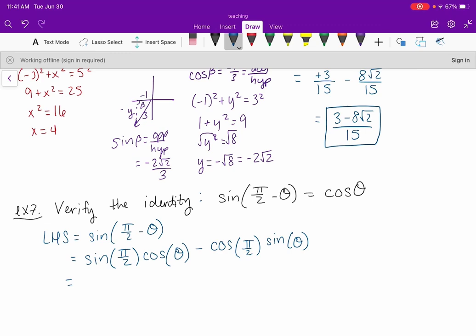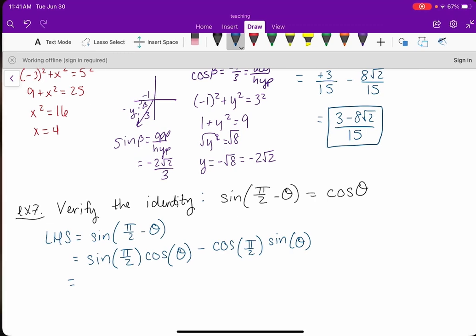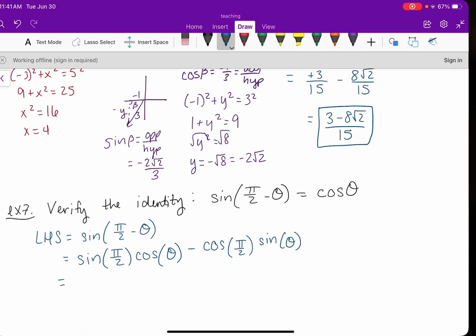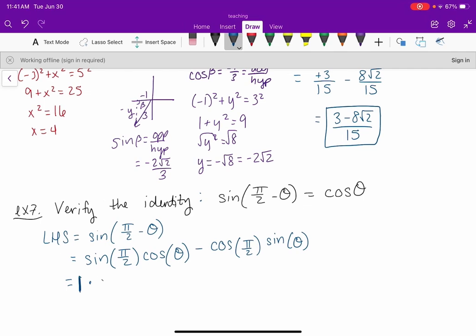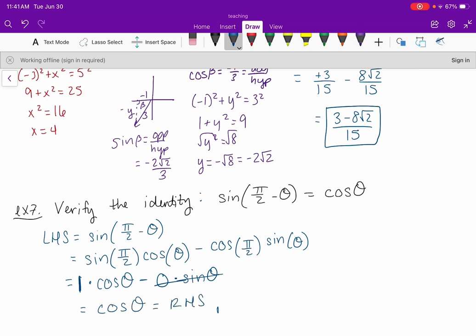Sine of pi over 2 is 1 times cosine theta minus cosine pi over 2, 0, times sine theta. Well, anything times 0 just goes away, it's just 0. So I get cosine theta. So that equals my right-hand side, so I am done.